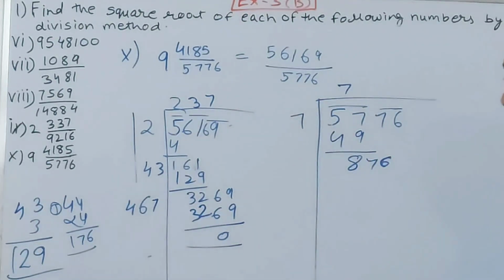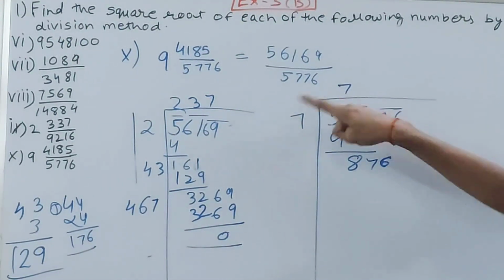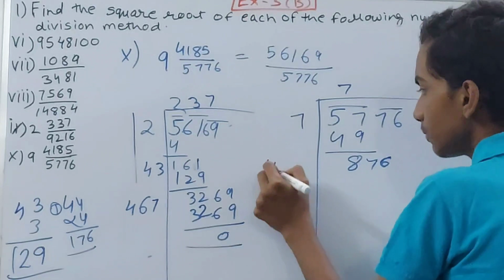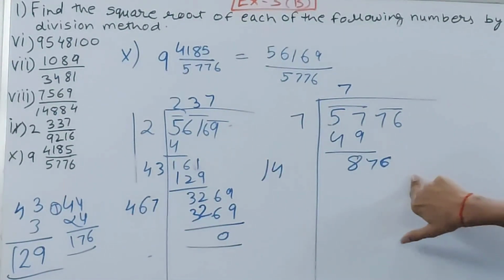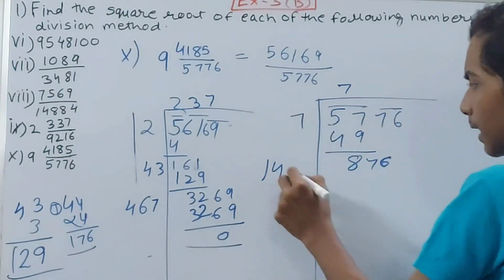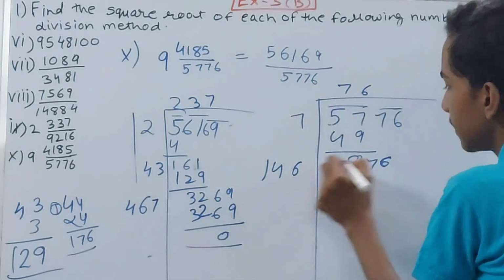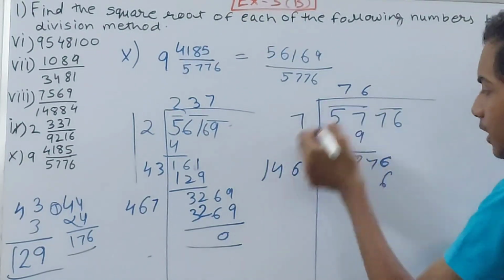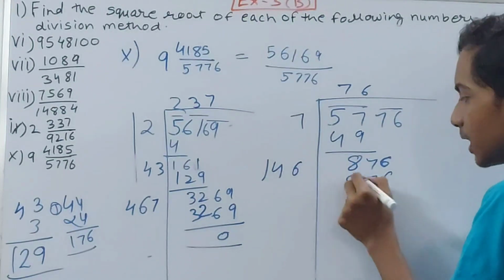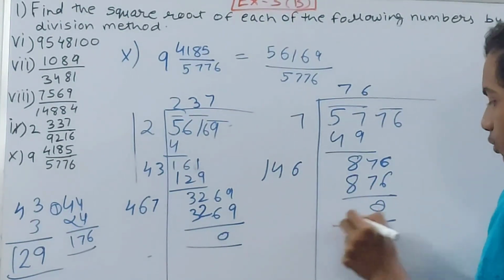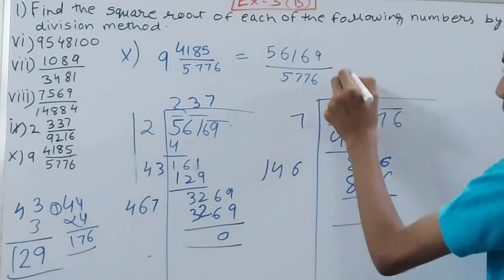Now 76, and here 7 into 2, 14, right? 14 here, and your this 76 over here. So let's see, by what number will this go? 6, right? 6 and 6, 6 into 6 is 36, and 3, 6 into 4 is 24, and 3, 27, and 2 carried over, 6 into 2 is 12, and 2 is 14... exactly, it will cut it.